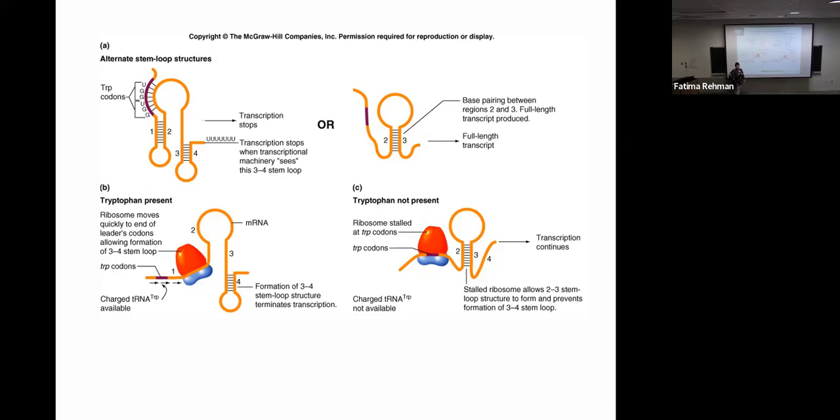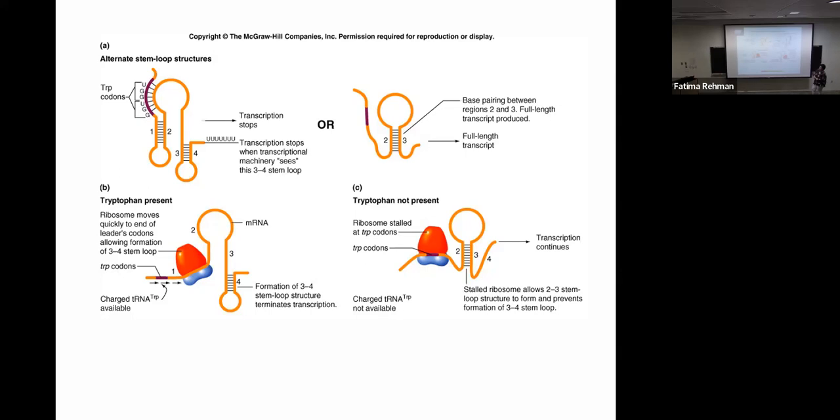Yes. The stem loop structure 2,3 is going to allow transcription to happen. The stem loop structure, the first one where it was towards the end, the 3,4, that stops transcription; the other lets it go on. But is the stem loop structure just completely stopping the tryptophan codon?